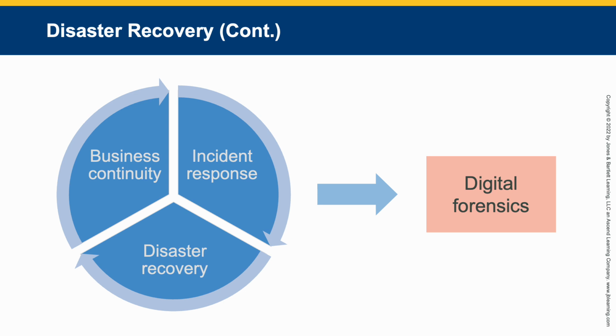This is followed by collection, where the digital evidence is systematically gathered from various sources like computers, servers, and network logs. The analysis phase involves examining the collected data to reconstruct the events leading up to the incident, determine the methods used by attackers, and identify the compromised data or systems.